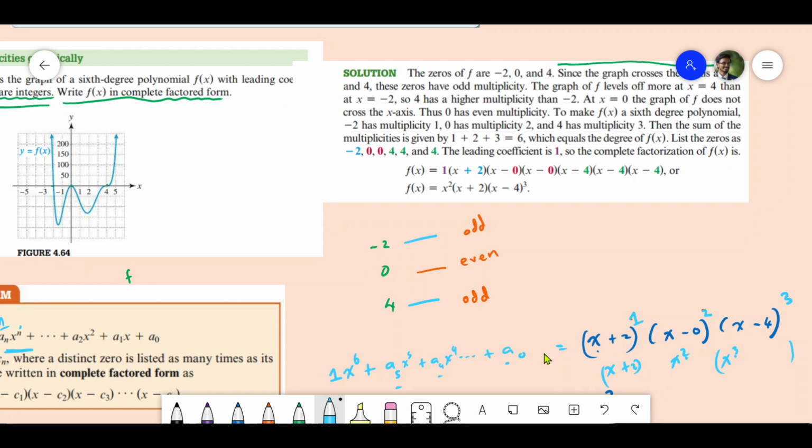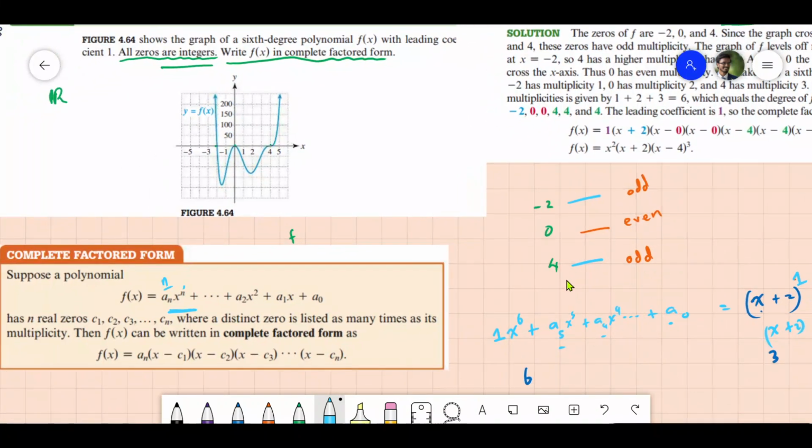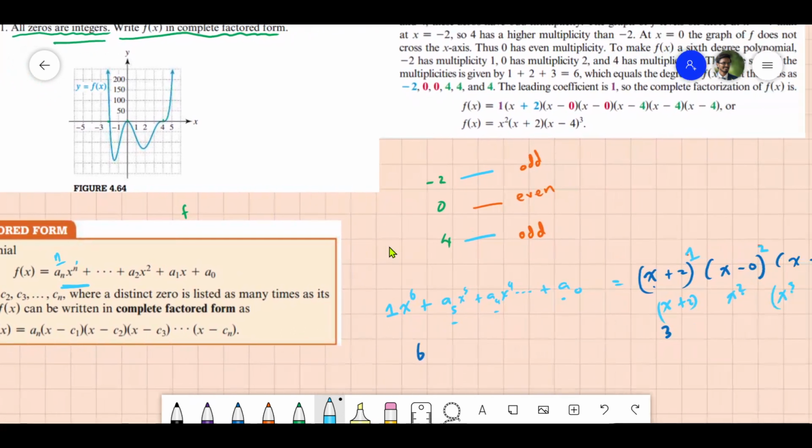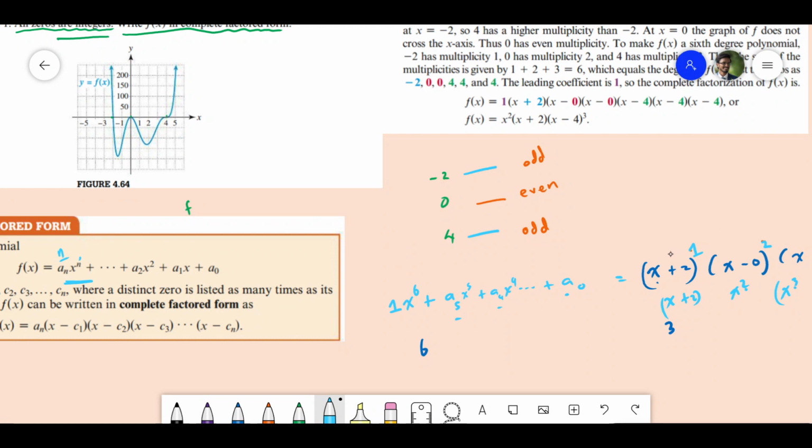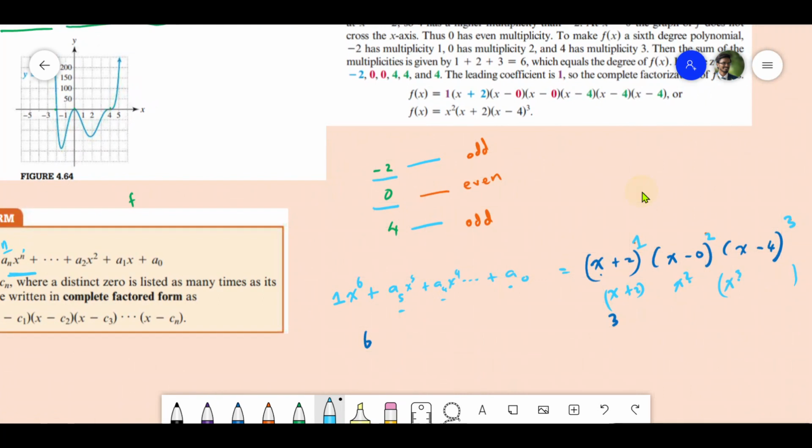Remember, in the complete factored form, we saw that there should be n number of zeros when the multiplicities are counted and written like this. So if you go along with this format, then what we have here is one of these and two of these and three of these.